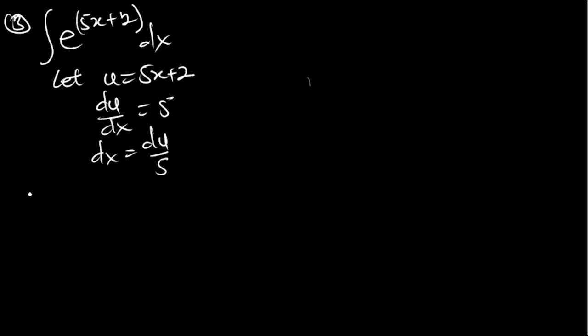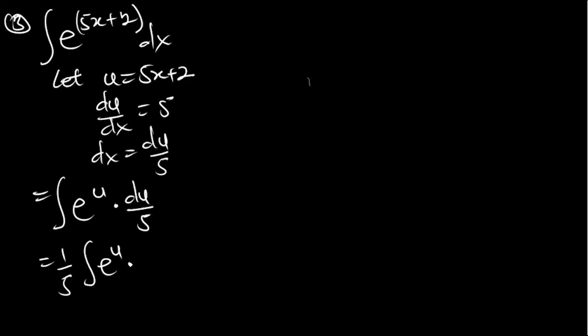So that I can get everything in terms of u. So this integral is going to be e raised to the power u, and my dx is du on 5. I can factorize 1 on 5 out, leaving the integral of e^u du.